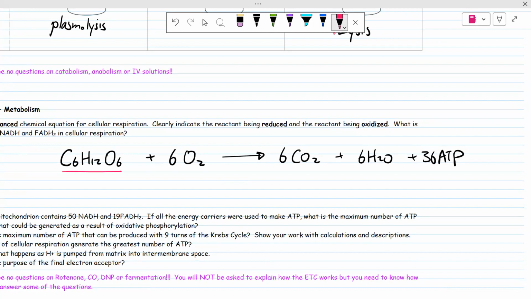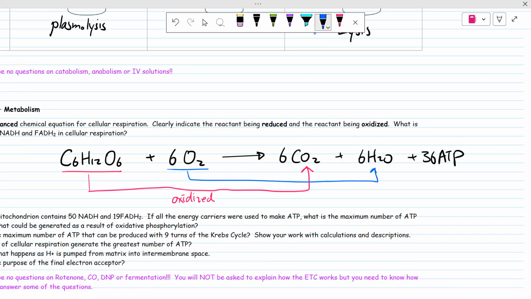By now, you should also know which gets oxidized and which gets reduced. Does the glucose get oxidized or reduced? That's right. It gets oxidized into carbon dioxide. We have written this down 3 or 4 times now. Reduced.